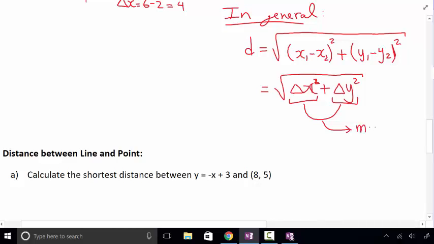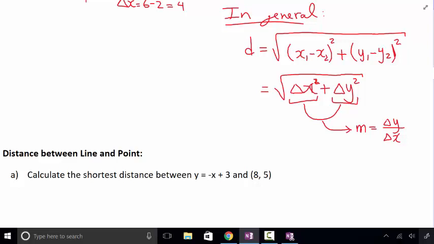So what I can do, if I keep the x and y's consistent, then I can use those numbers again to find my delta y over delta x, which is my slope. Did you get what I just said? So if I start with x1 and I start with y1, I can reuse those numbers to find the slope.